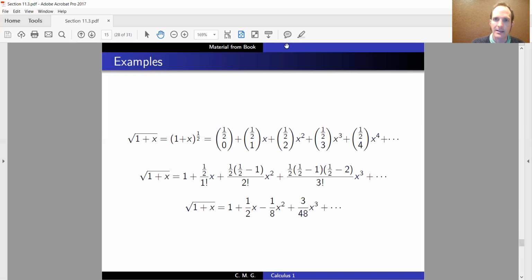And then I'll have a 1/2 times (1/2 minus 1), because that's the derivative of the 1/2 minus 1 power, right? And then I have 1/2 minus 2, and so on. So this is actually just giving me the derivative of this thing at 0. So when I plug 0 in for x here, I just get 1 to whatever power, which is just 1. So I don't have to worry about the power term in here.